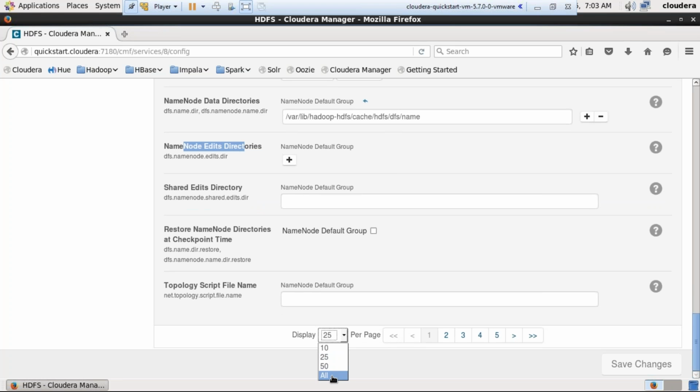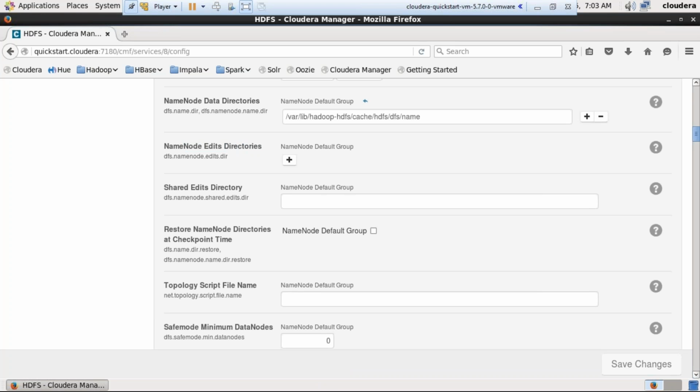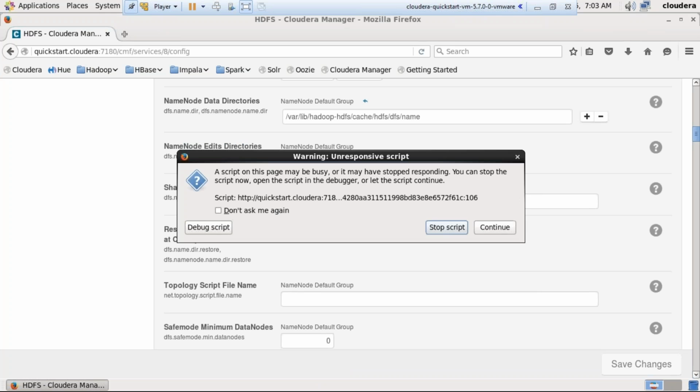Same like you are also going to see the replication factor. On a pseudo cluster, this cannot be set more than 1 and it doesn't make any sense.